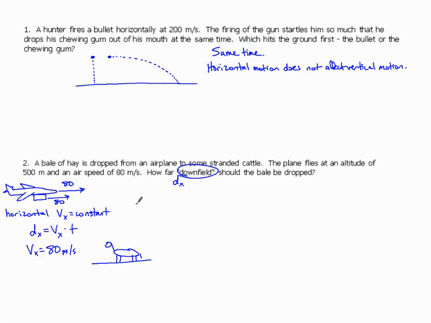So let's look at the vertical component. The vertical velocity initially is 0, and then it's the acceleration in the y times the time.